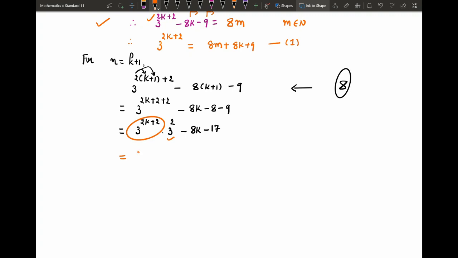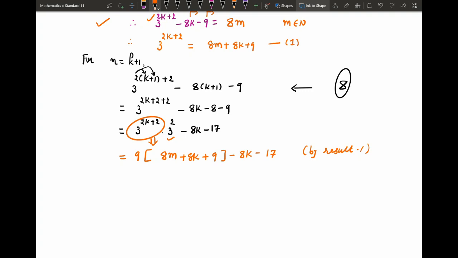This is 3 square, that is 9, into the bracket 8m plus 8k plus 9, minus 8k minus 17.